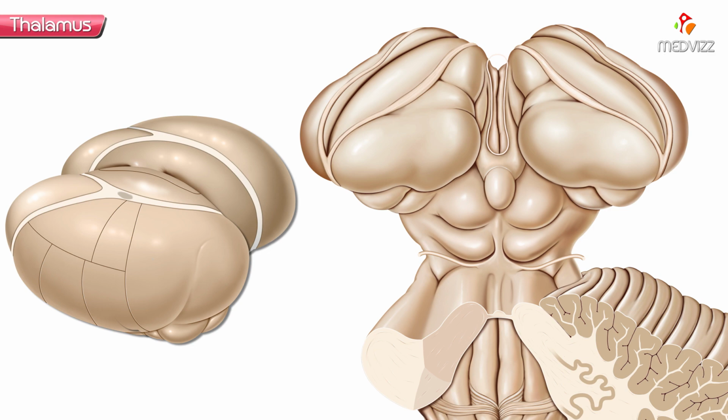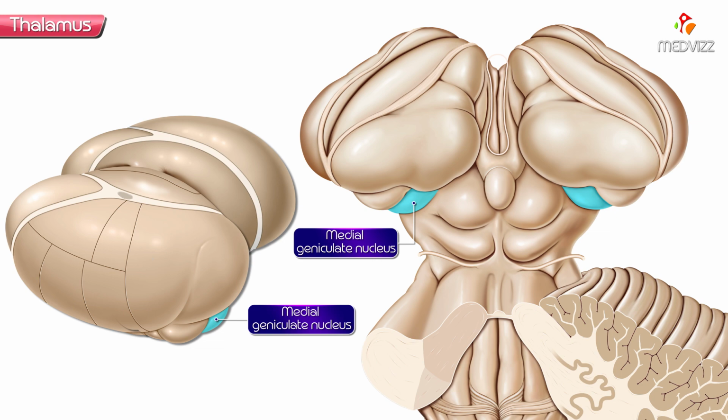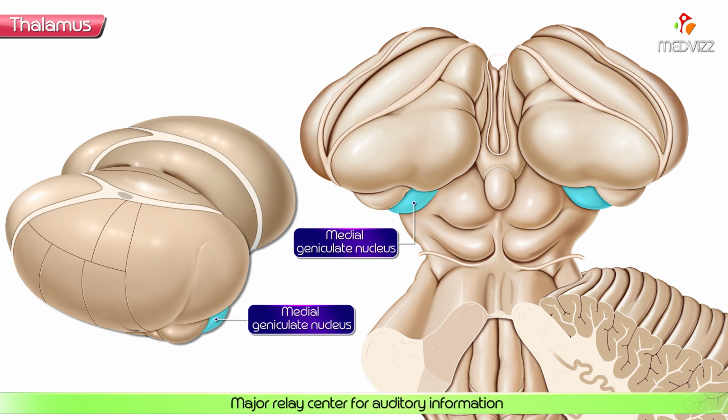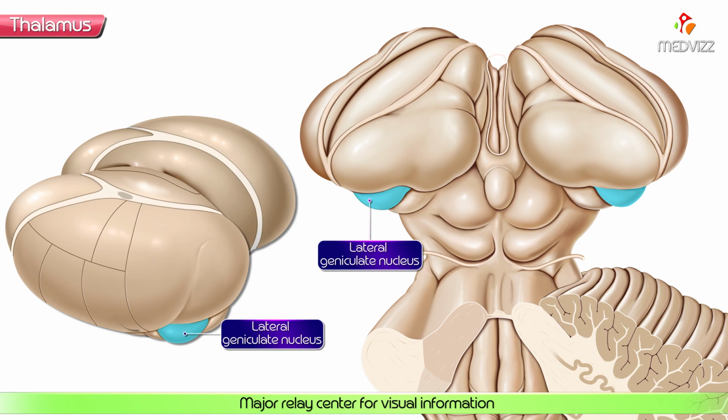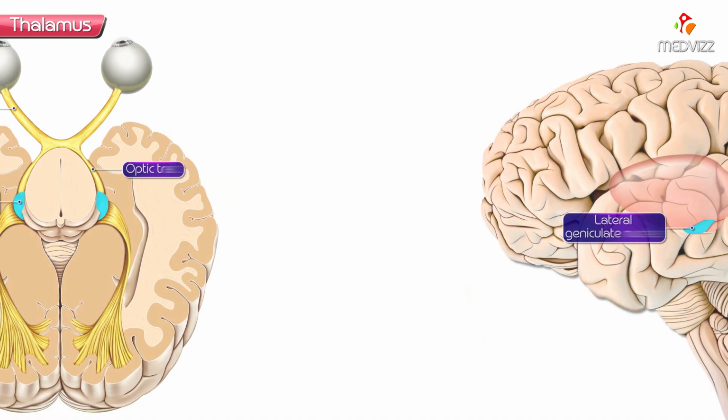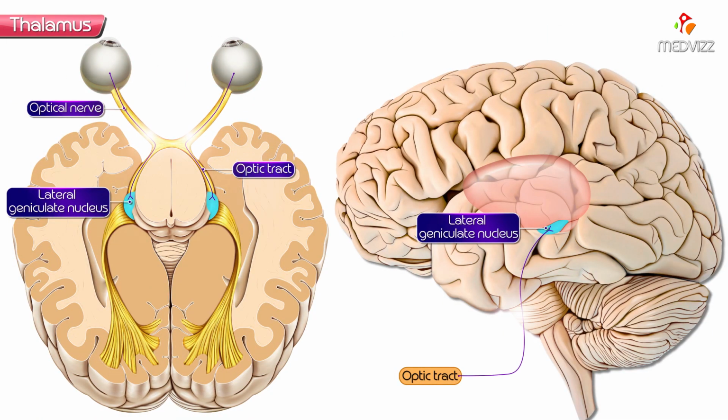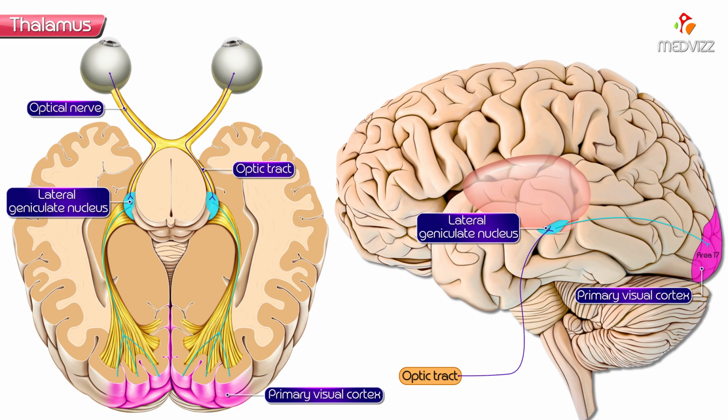And the metathalamus consists of the medial geniculate nucleus, which is the major relay center for auditory information, as well as the lateral geniculate nucleus, which is the major relay center for visual information. The lateral geniculate nucleus receives input from the optic tract and projects into the primary visual cortex, called Brodmann area 17.